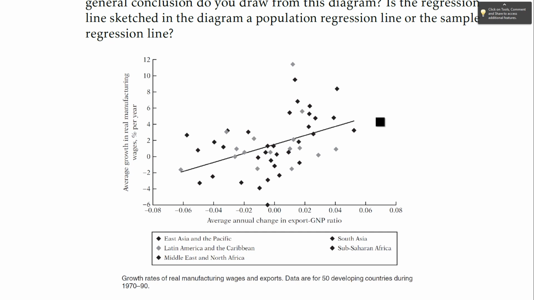What else can we see? Is this scatter plot reminding you anything about economic theory?